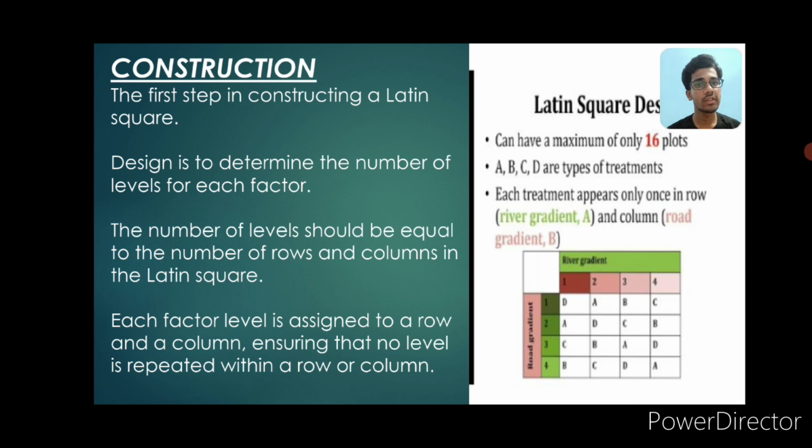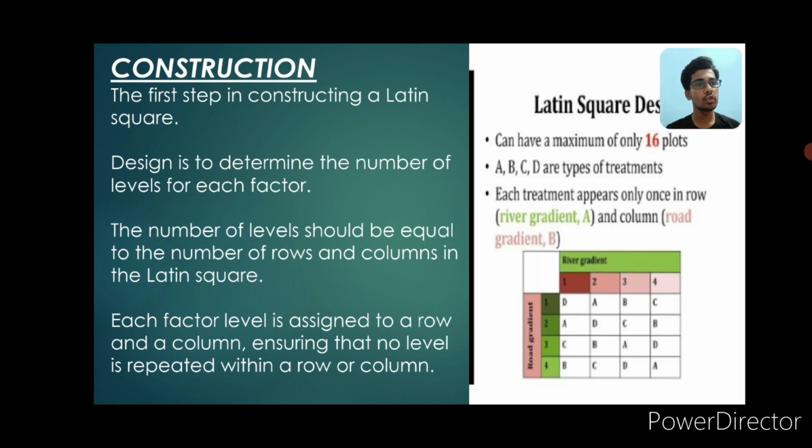Next, construction of the square. The first step in constructing a Latin square design is to determine the number of levels for each factor, which we have to present in the square grid. The number of levels should be equal to the number of rows and columns in the Latin square.